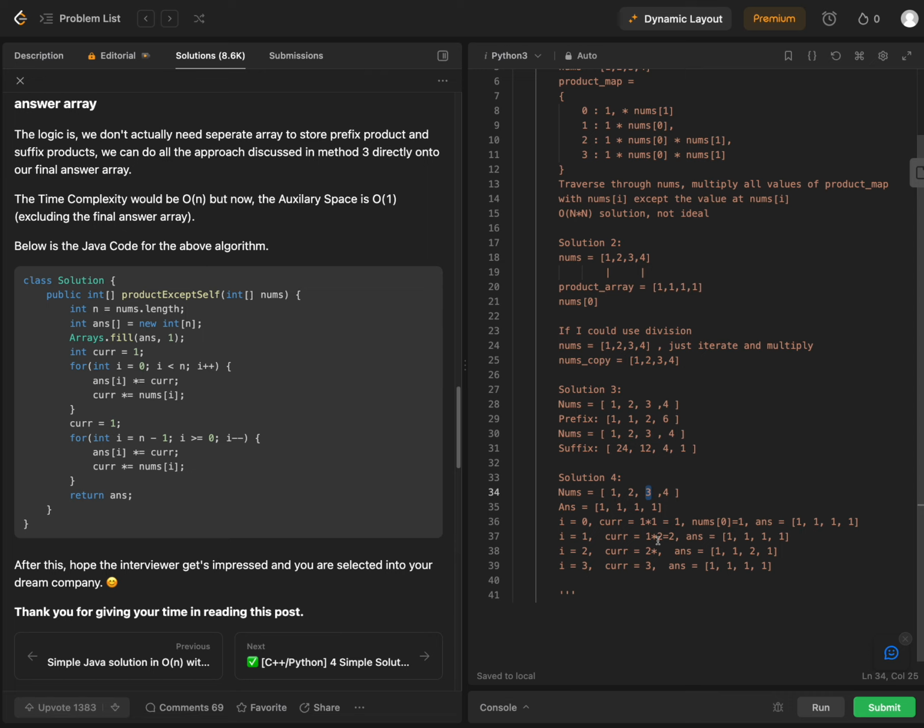Nums 2. Six. Okay, and then I equals to 3, you get this 6.